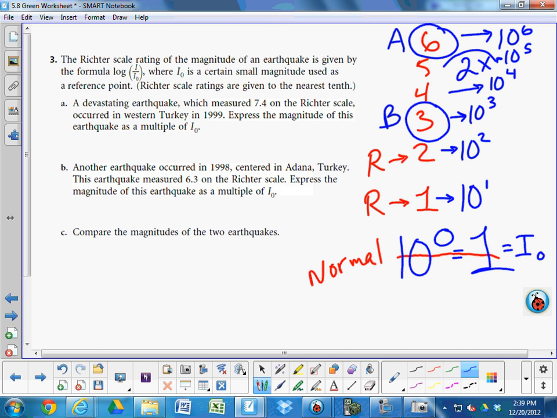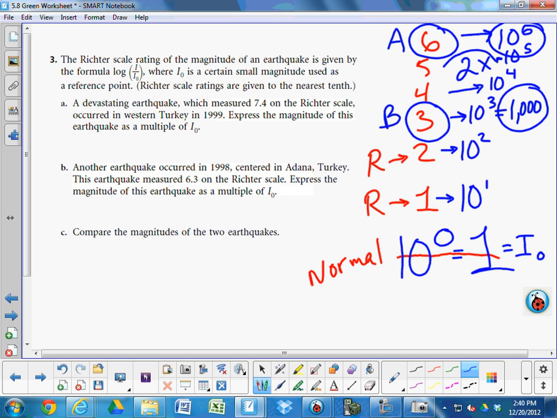If you had a Richter scale number of 3, what does that equal? 1,000. That means that the shaking going on in that area is 1,000 times the strength or the intensity versus normal. All right? So how would you compare this one to that one? How many times stronger is a Richter scale 6 versus 3?